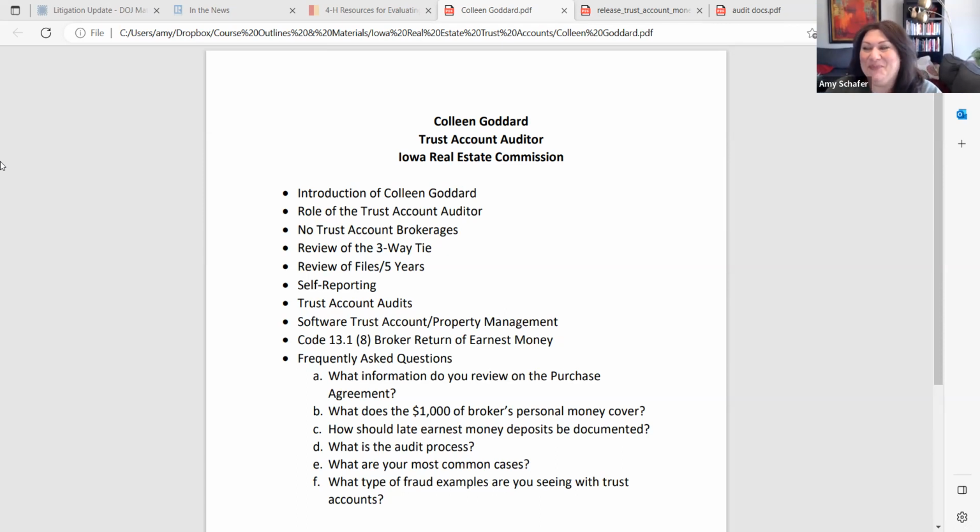And a lot of times, and I think Amy and I talked about this briefly, sometimes what brokers around the state are doing now is they've chosen not to have a trust account. And so what they're doing is for every listing that they have, a simple affidavit, and it literally says, and I'm using Amy since Amy is a broker, here, I'll simplify the language for you.